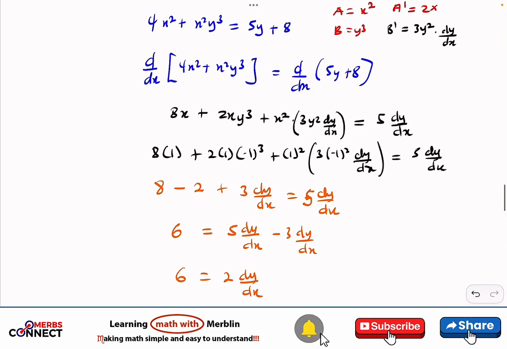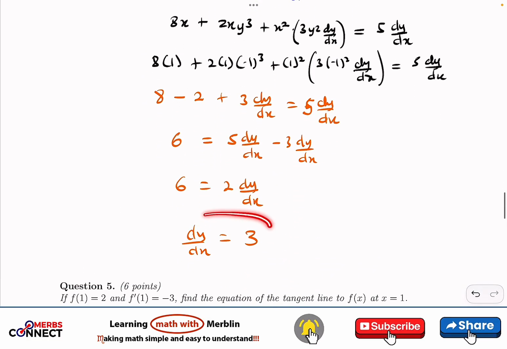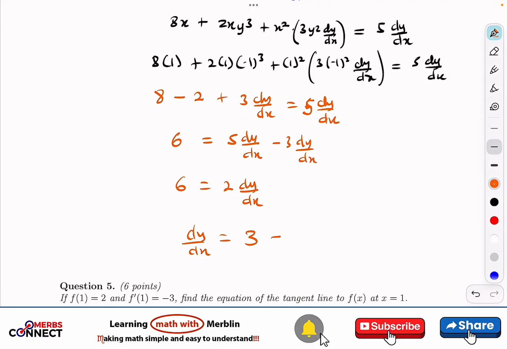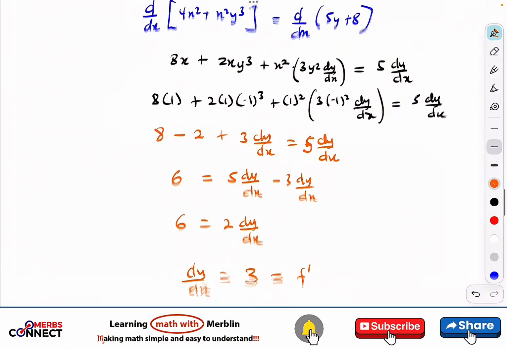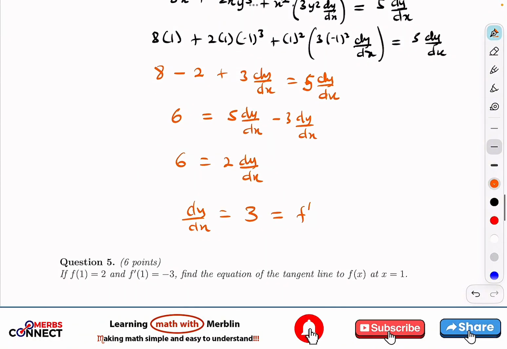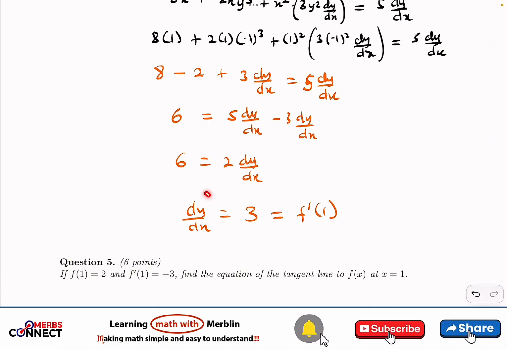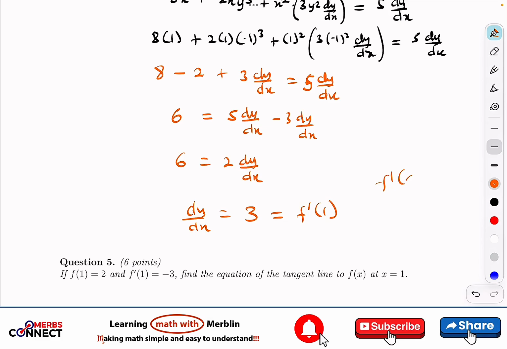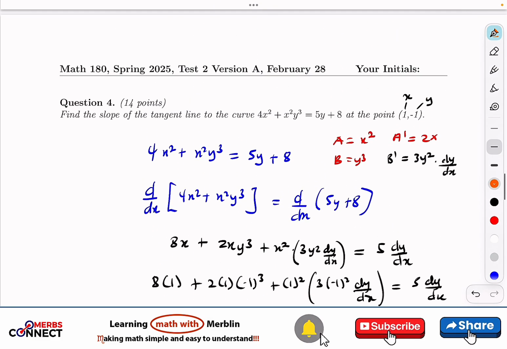Now, don't forget, this slope that we have here can also be written as f prime of 1. This is the same as f prime of 1, because this is the slope. So remember, when you are using the slope, we are thinking of f prime of x1, but x1 is 1.